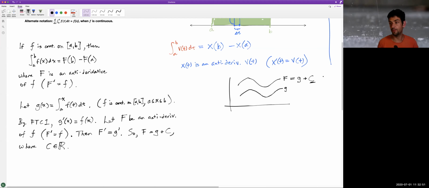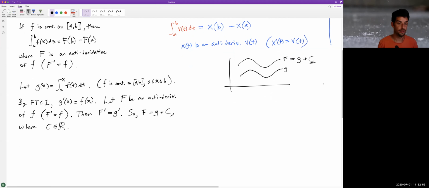All right, what can we do with all this? Well, let's look at F of b minus F of a. So remember, right, that's what we're saying this integral is equal to. The integral from a to b of little f of x dx should be equal to capital F of b minus capital F of a. So let's see what happens to capital F of b minus capital F of a. Well, let's use this fact that the difference between F and G is just a constant.